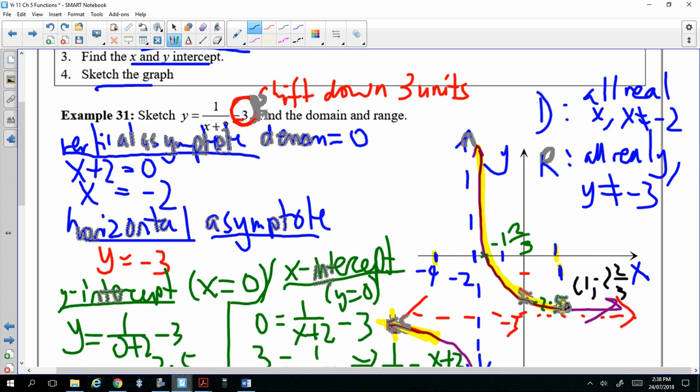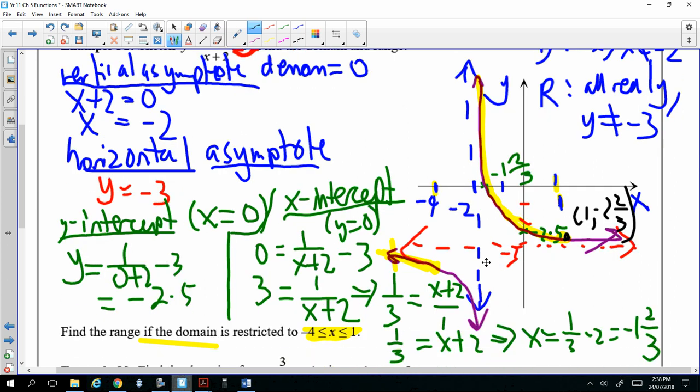Substitute negative 4 in. Oops, sorry. Alright, okay, how about this? I rub off the other bit. Then you can see.